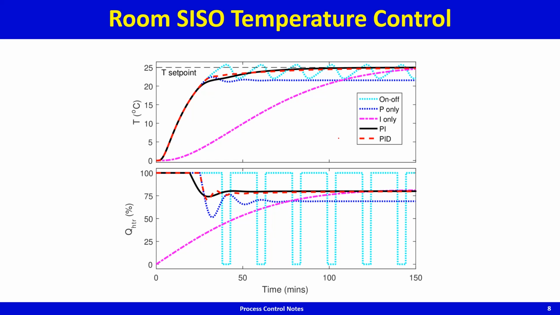You can also see that there is no offset. Integral only control shows no offset. PI and PID control give much faster response with no offset. These are the kinds of responses we get using our very simple control algorithms: on-off, proportional, integral, proportional integral, proportional integral derivative.